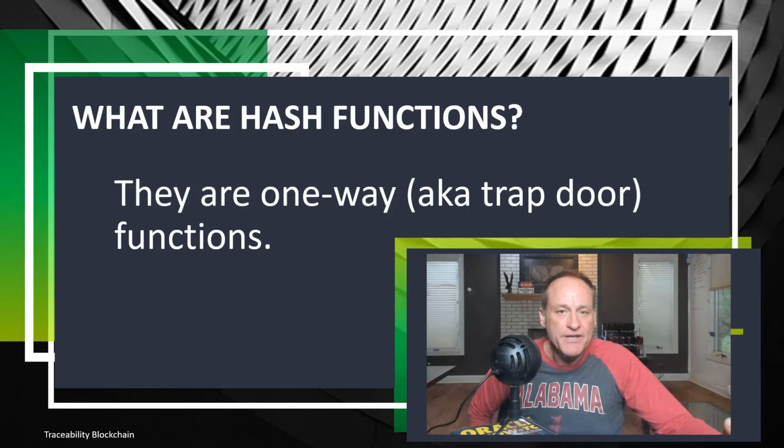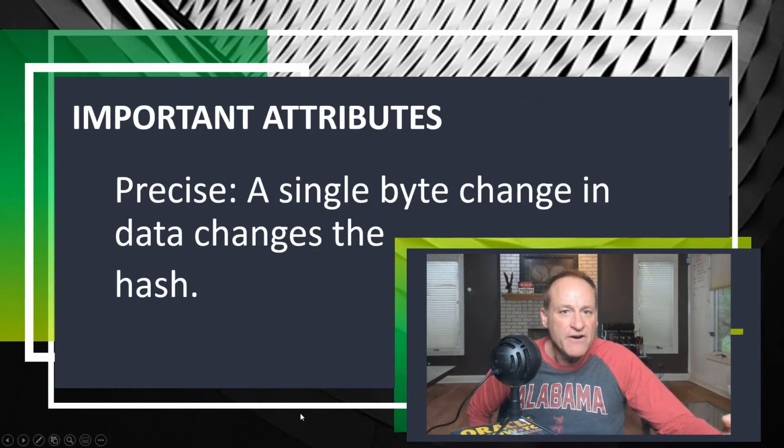Hash functions have some pretty important attributes that are what makes them useful in a lot of different areas, including blockchain. First of all, a hash function is very precise. If I change a single byte within the source data, the hash is going to change dramatically. So when we're using this for prevention of altering data or altering documents, it's important to know that just a single byte change in the source document is going to change the value of the hash fairly dramatically.